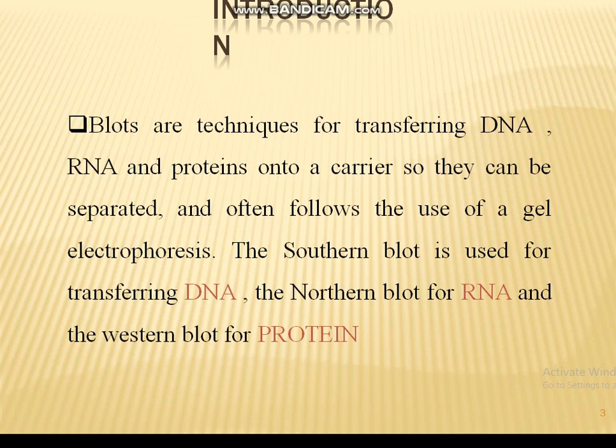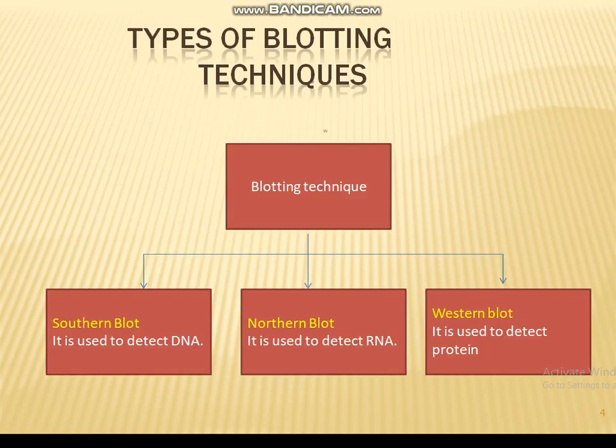Introduction. Blots are techniques for transferring DNA, RNA, and proteins onto a carrier so they can be separated, and often follow the use of gel electrophoresis. The Southern blot is used for transferring DNA, the Northern blot for RNA, and the Western blot for proteins. So there are three types of blotting techniques: Southern blot, Northern blot, and Western blot.